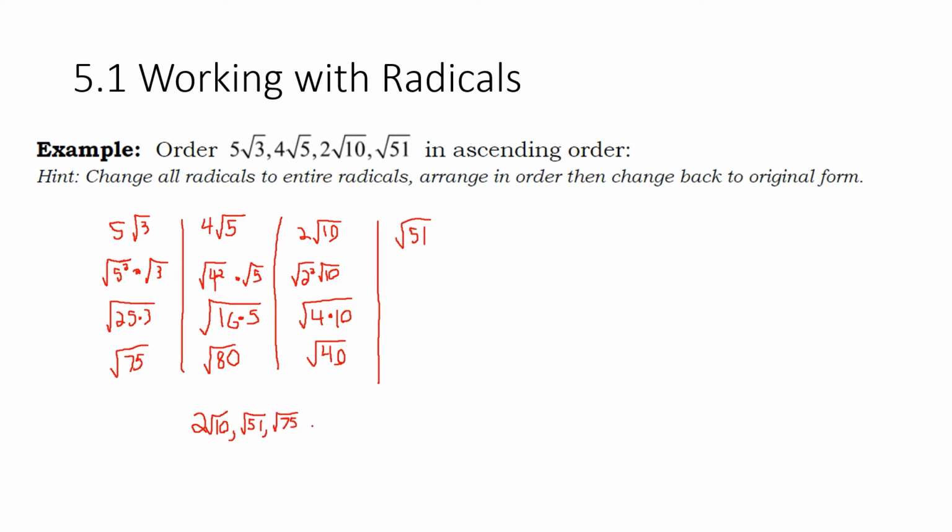And then our largest radical is root 80. Sorry, I'm going to change that to its original form. The next biggest one was 5 root 3, and 4 root 5 is our biggest.